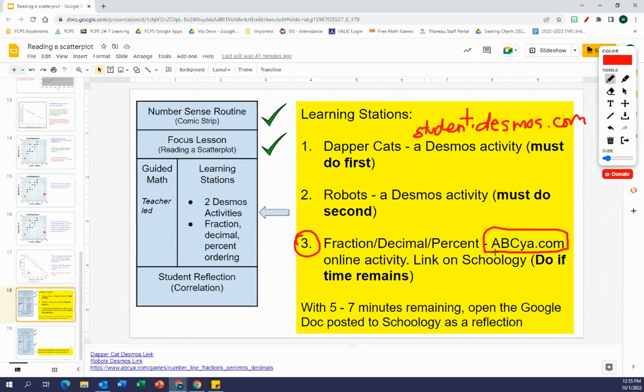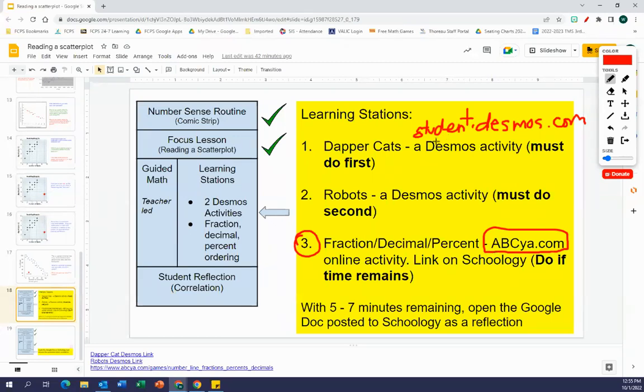It's a game. You're going to be converting fractions, decimals, and percents, and then there's little pictures of birds, and you're going to place them in order from smallest to largest. That link can be found on today's class notes in Schoology. Remember, when you open up Schoology today, you're opening up Unit 2 scatterplots, not Unit 1's folder on functions.